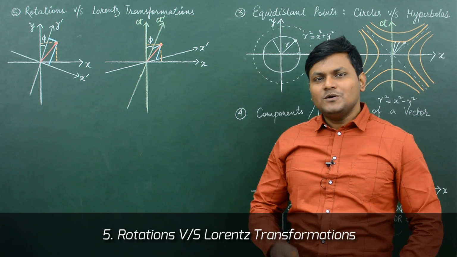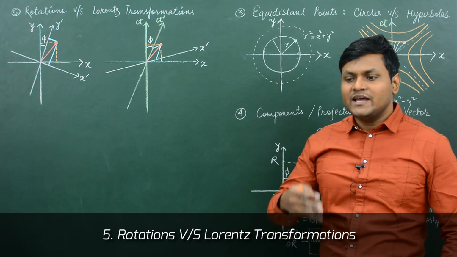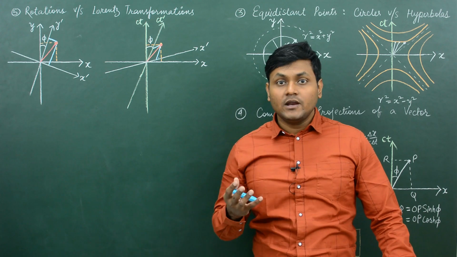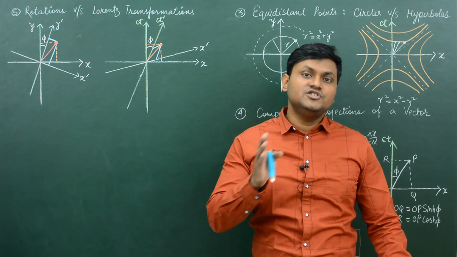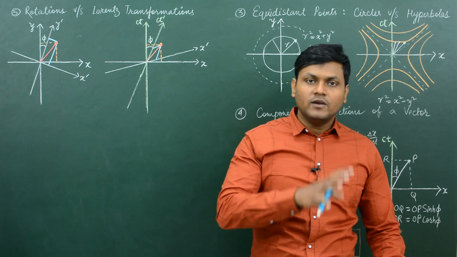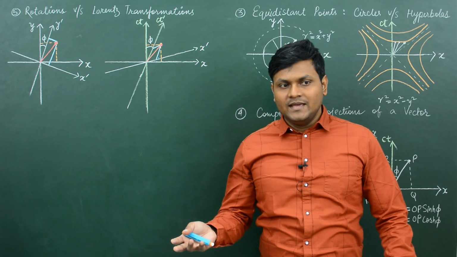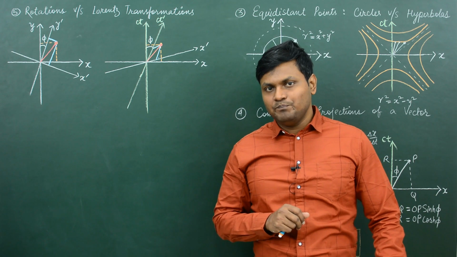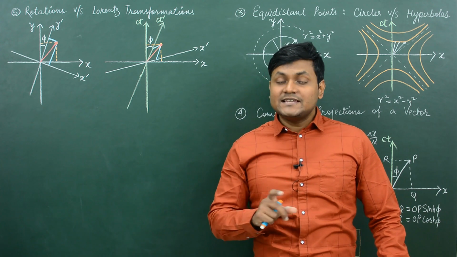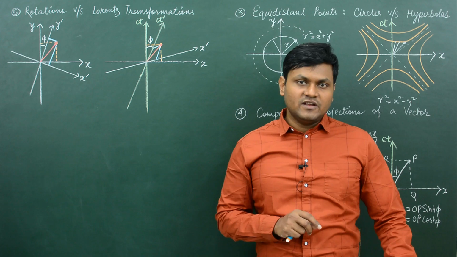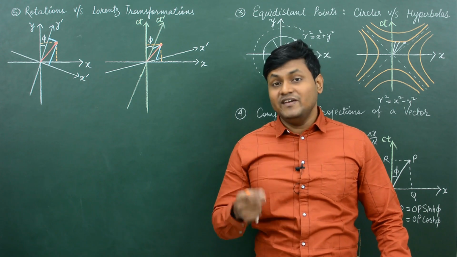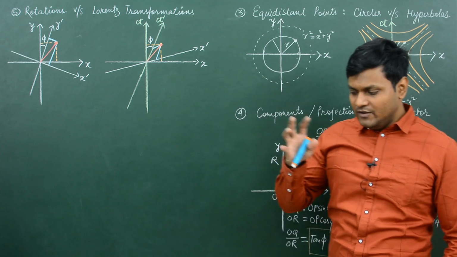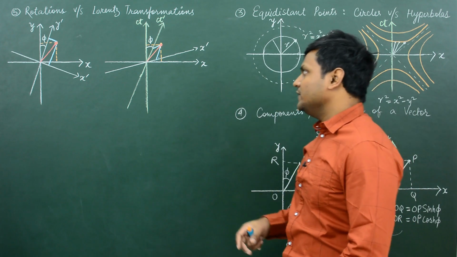See, because distances are not absolute, time periods are not absolute, it becomes very important for us to figure out those quantities that will not change when we go from one frame of reference to another, that will remain invariant under a Lorentz transformation. So quantities that are invariant under a Lorentz transformation become very, very important to us because they retain their value even if we go from one frame of reference to another.